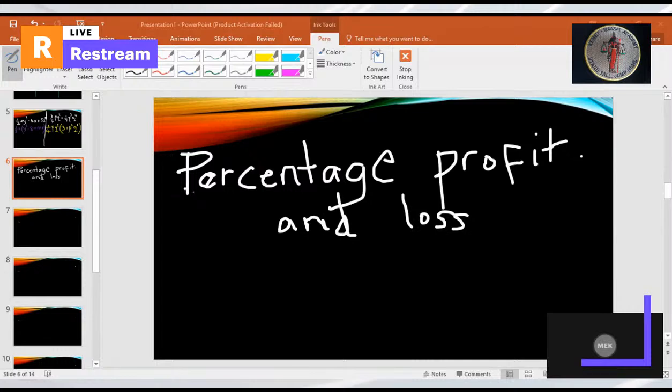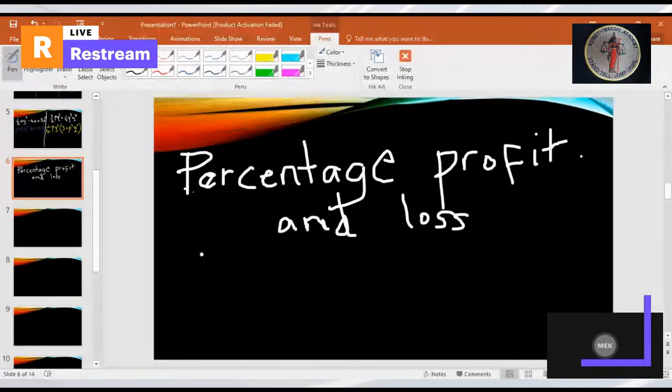So 20% would be 20 over 100, 1% would be 1 over 100, and so on. I'm going to focus this morning on percentage profit and loss, but just to recap what we did earlier.